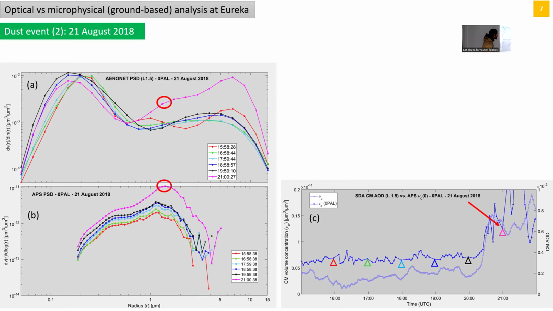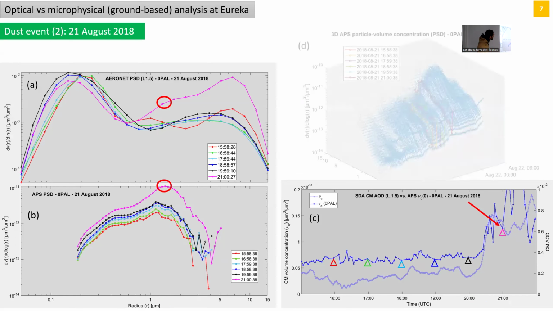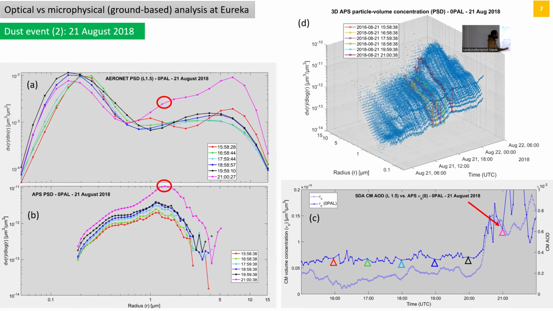As you see here, there are similar bumps in the AERONET inversion PSD and APS PSD around 1.3 micrometers, as well as a coherent rise between the coarse mode optical depths and LiDAR coarse mode volume concentration after 20:30.